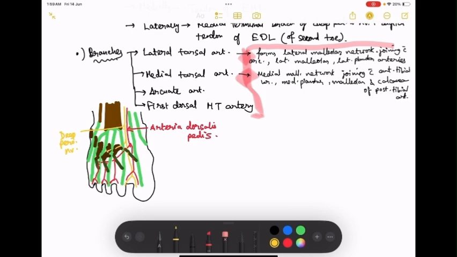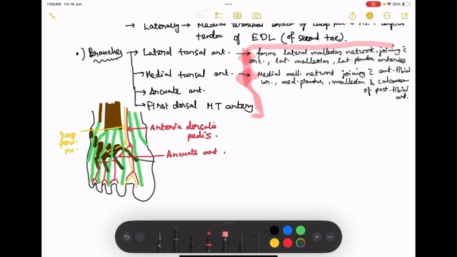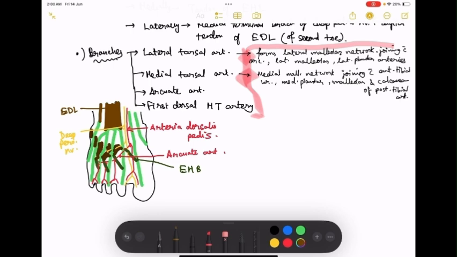All these branches are actually the arcuate artery. It actually starts from this place, arcuate artery. You can see the extensor hallucis brevis tendons. As you can see how it's crossing over, the artery is going below it. Okay. Then you have the muscle extensor digitorum longus.